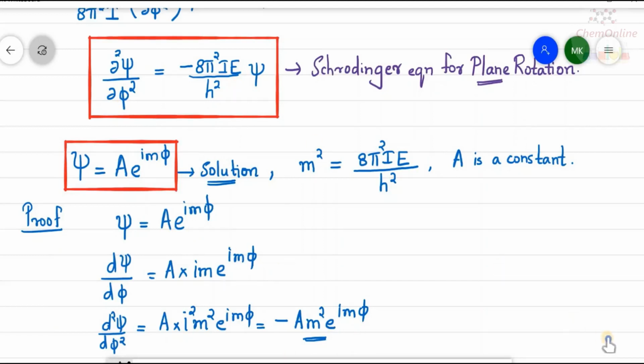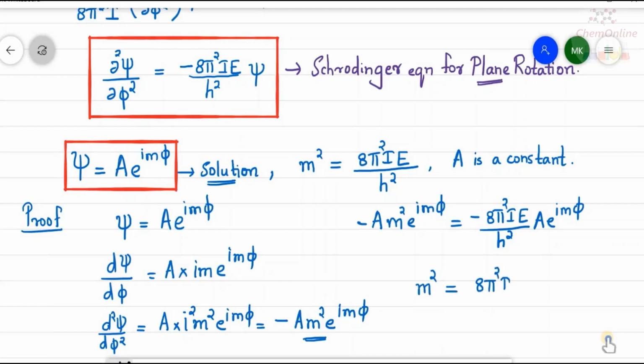In this equation, instead of d square xi by d phi square, I'm going to write minus a m square e raised to i m phi equals minus 8 pi square IE by h square into xi. So instead of xi, a e raised to i m phi. So from this we get m square equals 8 pi square IE by h square.